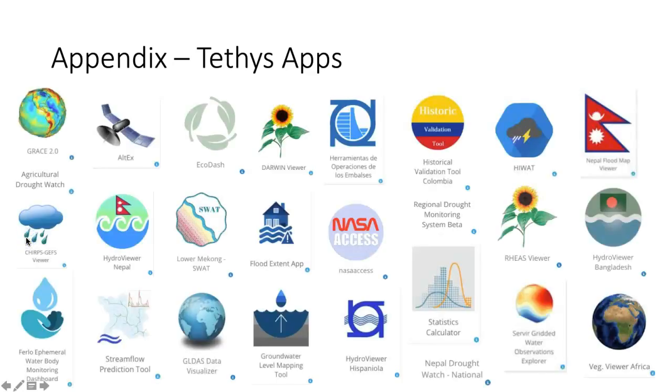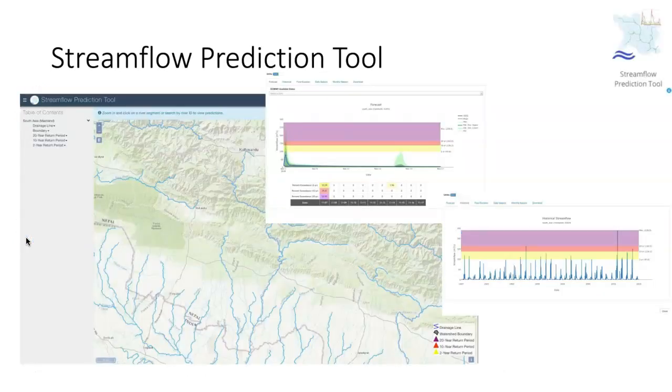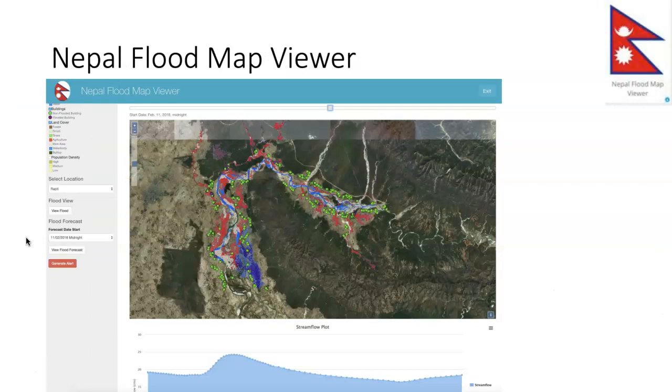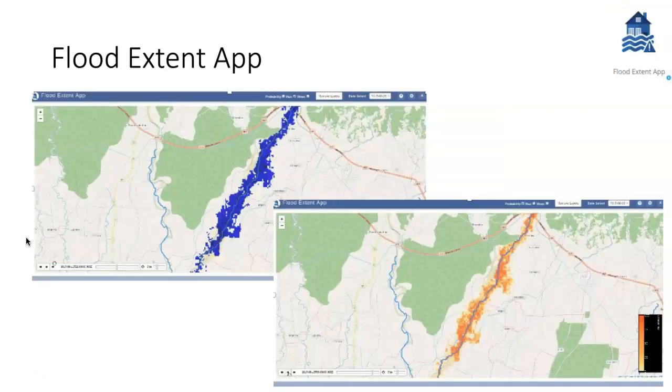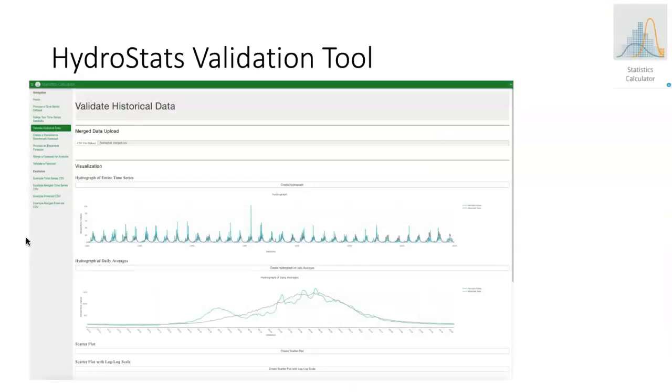I'll just go through really quickly now many of these applications just to give you an idea. Our streamflow prediction tool application, we've done a flood map that combines location of point facilities with flood mapping. We've developed static flood maps and time series and probabilistic flood maps from our data.